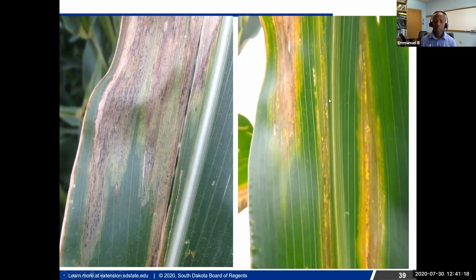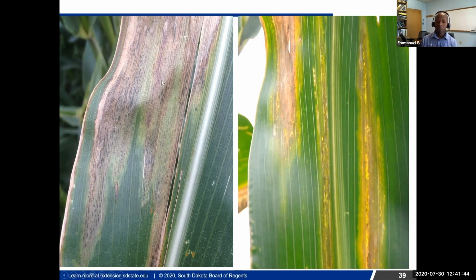And when this lesion is held against the light, you will see these transparent spots in the leaf. That's really typical of Goss's wilt, but again, black freckles, longer, larger lesions. These signs, these symptoms will help you to tell Goss's wilt from other problems like northern corn leaf blight.